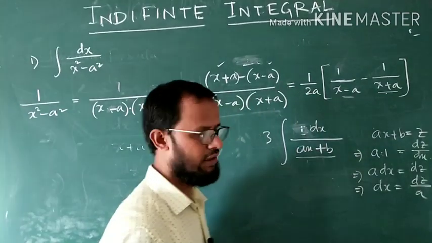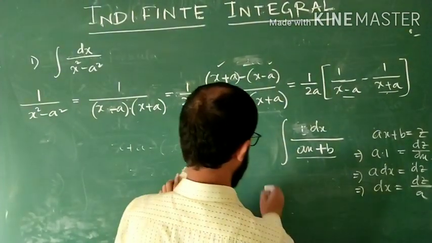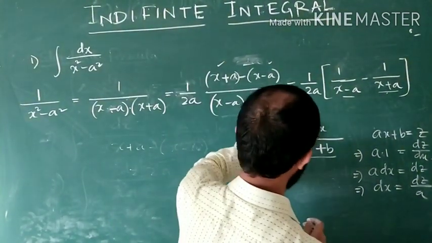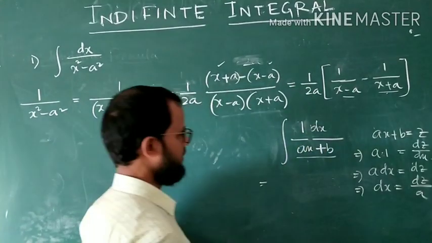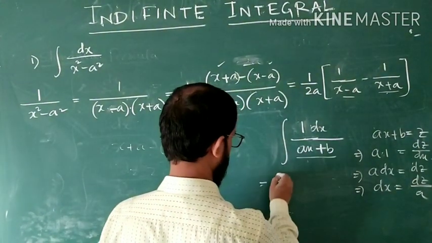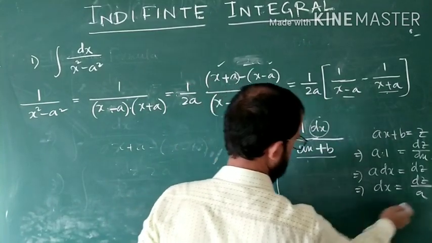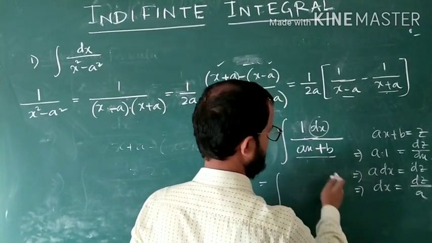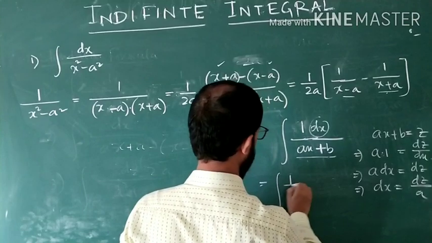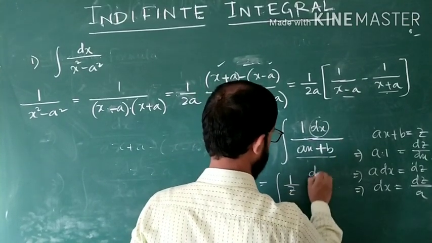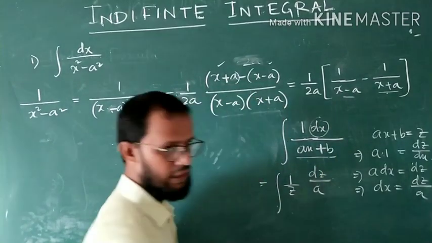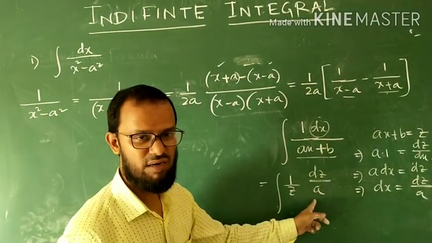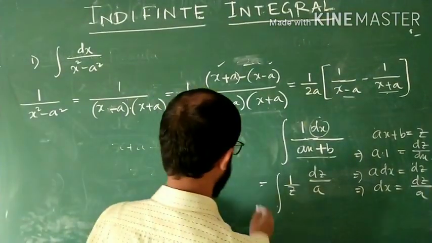Can I write this? Ultimately your expression becomes this one. dx is dz by a. 1 by ax plus b means 1 by z, and dx is dz by a. Now 1 by a is a constant, it will come out.